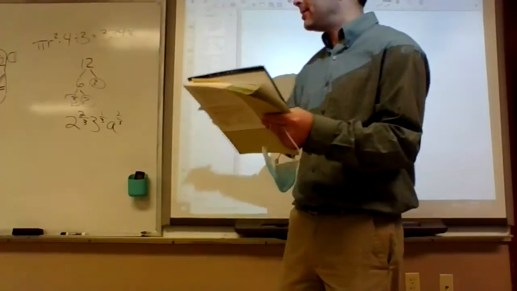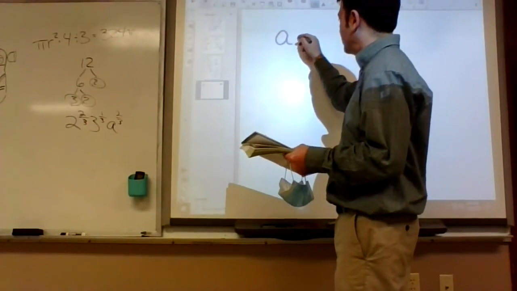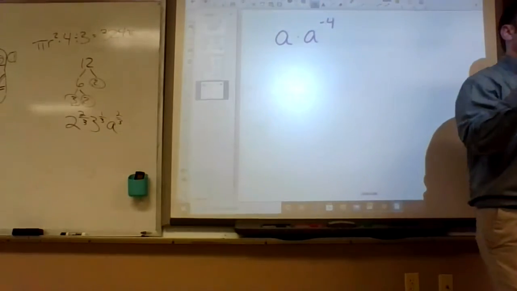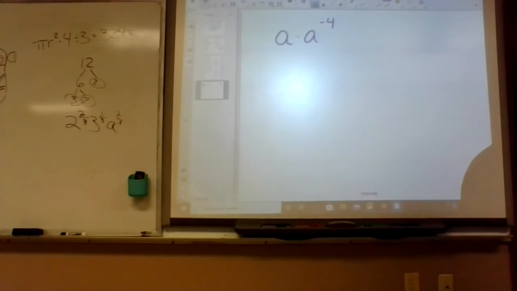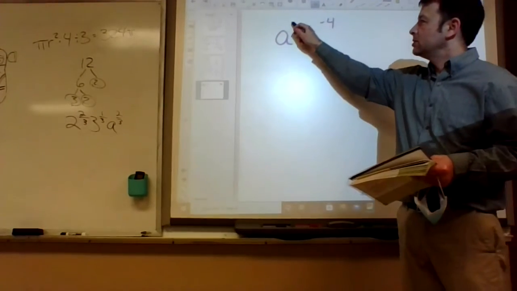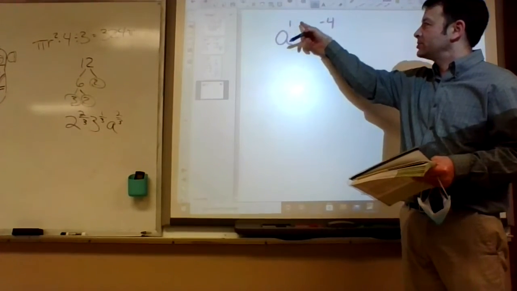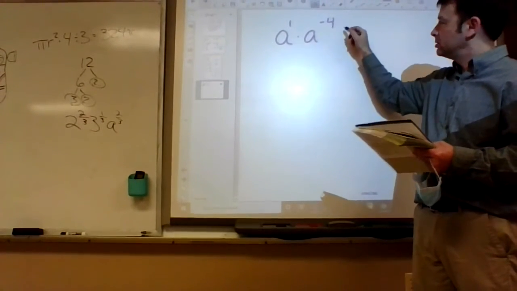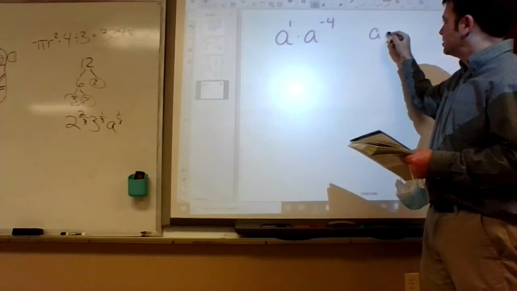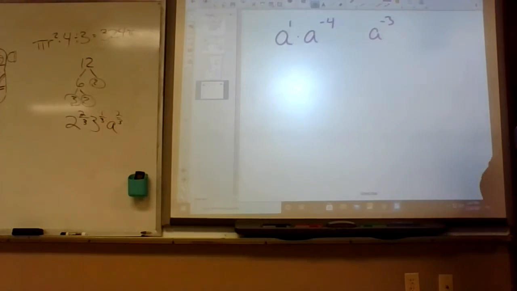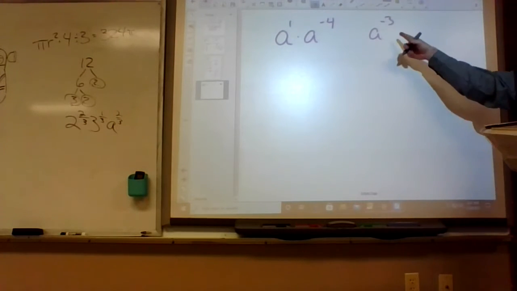What is a times a to the negative fourth? I'm looking on the top right now. When you multiply a's together, what do you do with the exponents? Add them, right? What's 1 plus negative 4? Negative 3. So that would be the a. So I know it's a negative exponent.